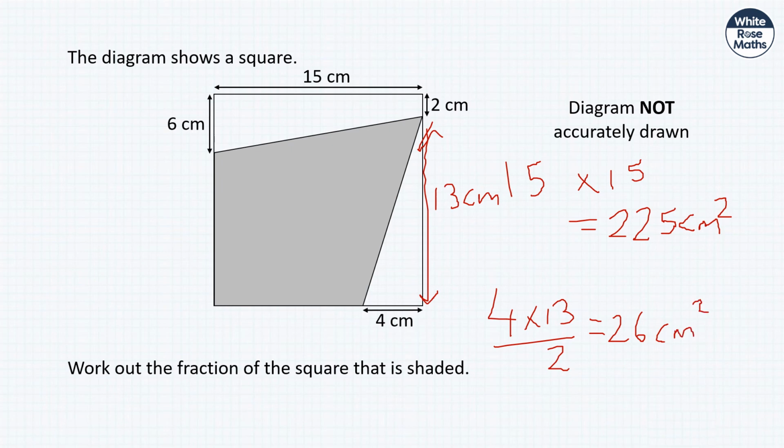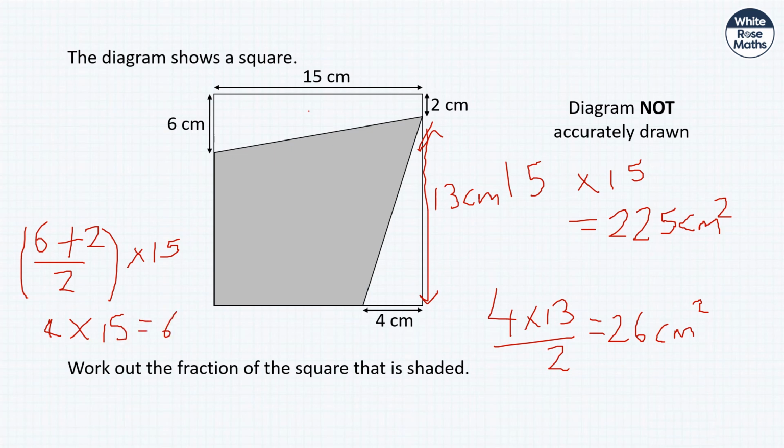The area of this trapezium, being very careful here, guys, will be 6 plus 2 divided by 2 multiplied by the height, which would be 15. So we get 8 halves, which is equal to 4. 4 lots of 15 will equal 60 centimeters squared. So this is equal to 60, and this is equal to 26. So what's remaining?